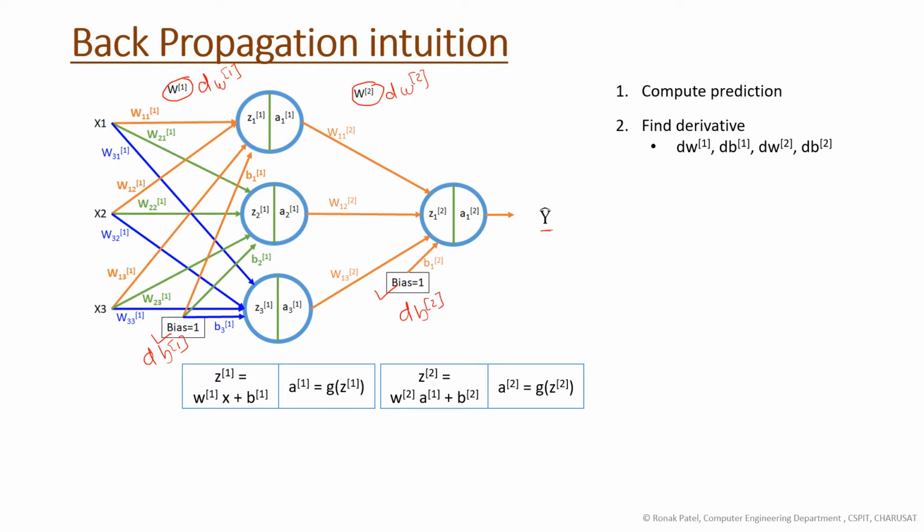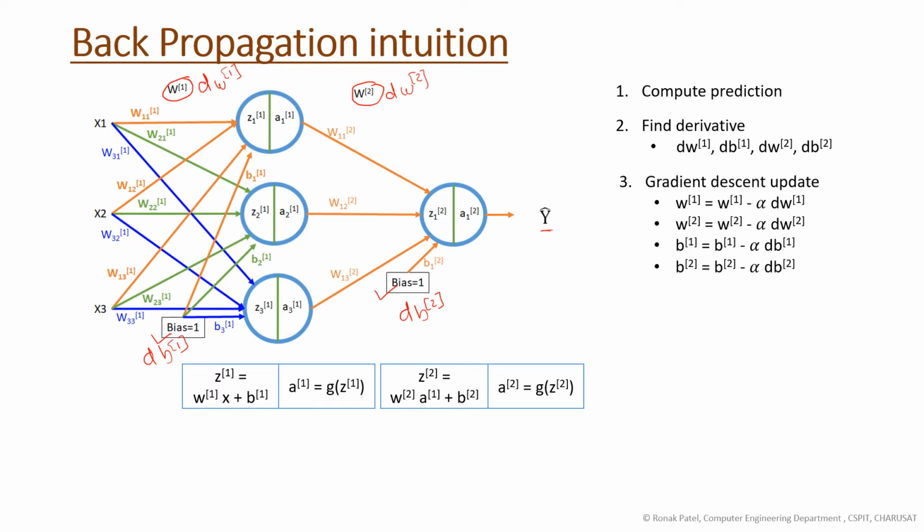These derivatives are with respect to your loss. Now after you find out these derivatives or gradients, the next step is to update the weights. So here we need to find out the new weights and biases, right?